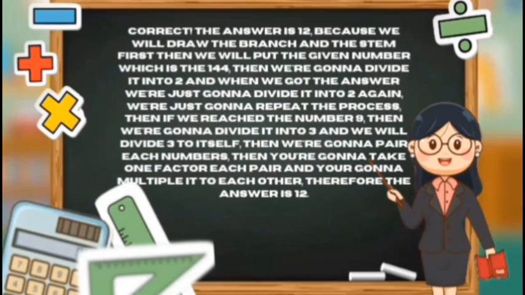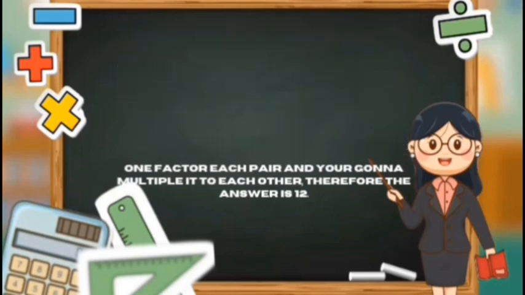We're just going to repeat and divide by 3, and we will divide 3 by itself. Then we're going to pair the numbers. Then you're going to take one factor from each pair, and you're going to multiply them to each other. Therefore, the answer is 12.